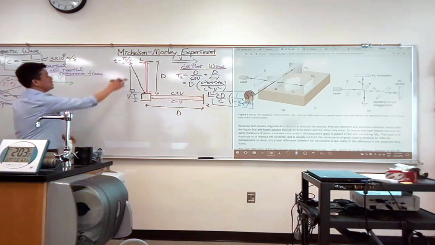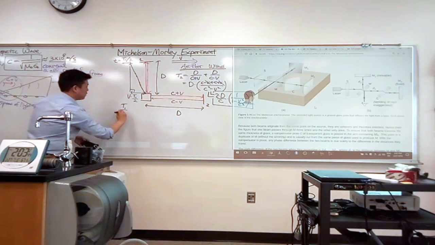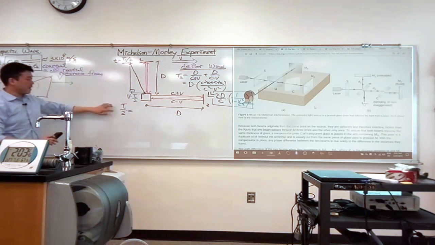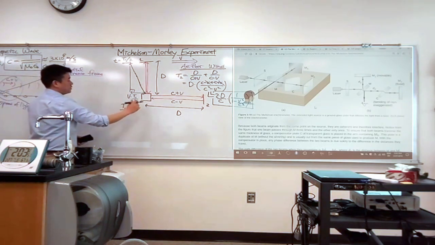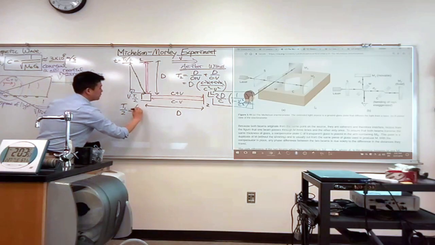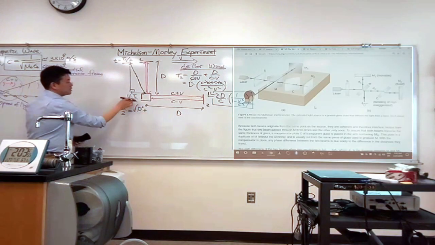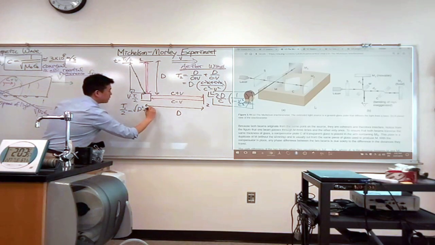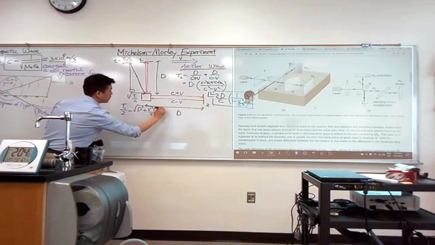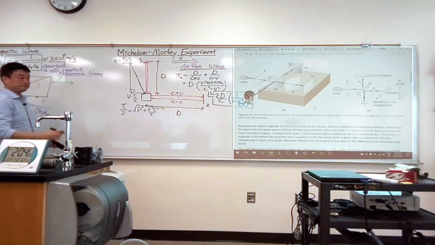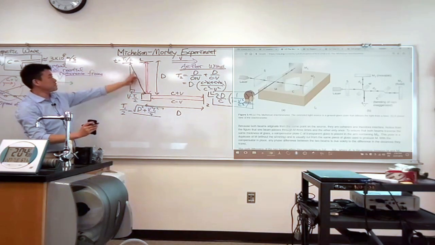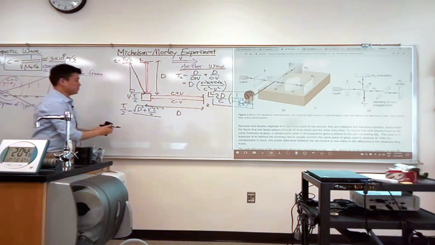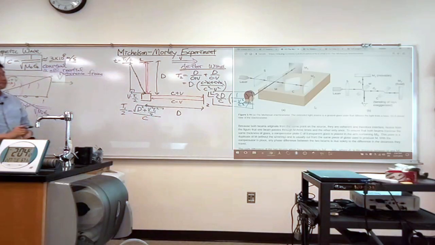T1 over 2, the amount of time it takes, is the distance, which would be the square root of d squared plus v squared T1 squared over 4, divided by the speed. It's moving at speed c. So c.